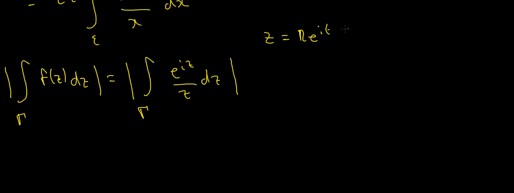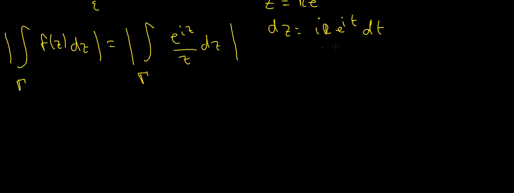Here it is. So if z equals that, then obviously dz is the derivative of this thing, which is ir e to the it, times dt. So if I plug that into my integral, I'm going to get the absolute value, well, not quite over gamma. It's going to go from 0 to pi, because t varies from 0 to pi. Let me just write this here.